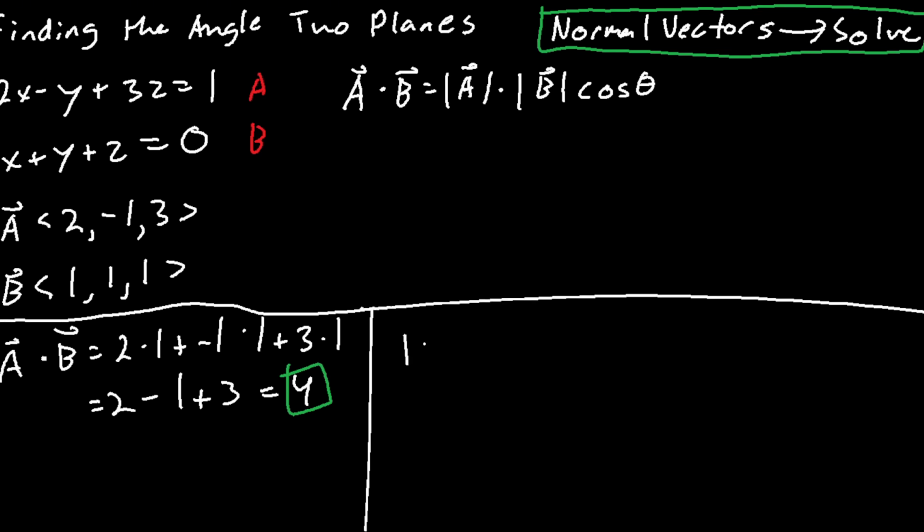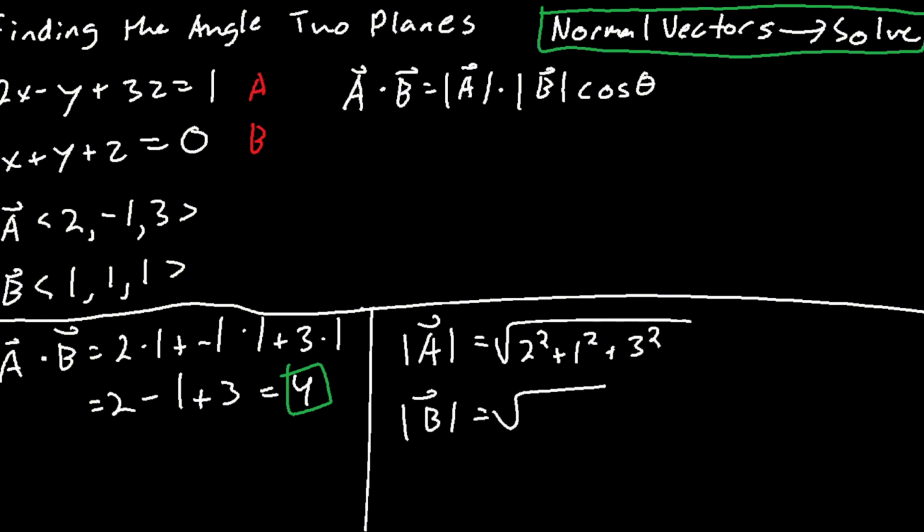The magnitude of vector A is equal to the square root of all its components squared, and the magnitude of vector B is equal to the square root of all its components squared as well. So for B it's just 1 plus 1 plus 1. I'm writing the squares just so you don't get confused. I'm not skipping steps. For A it's 4 plus 1 plus 9.